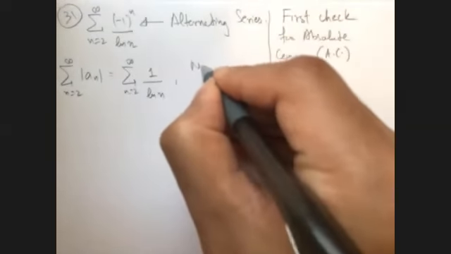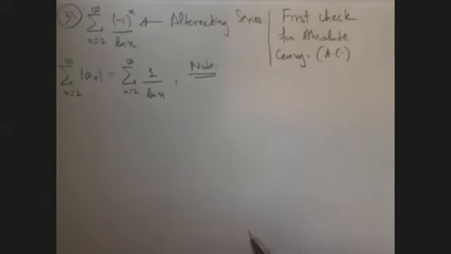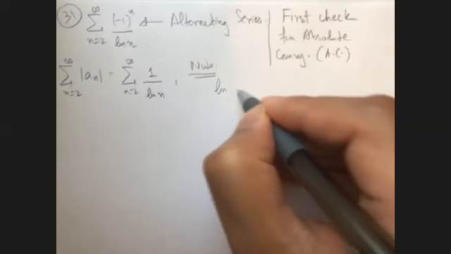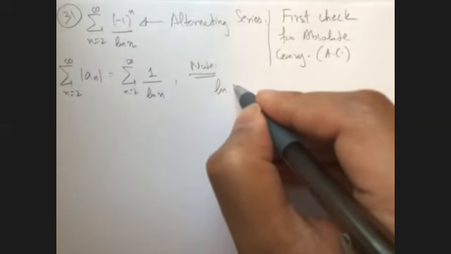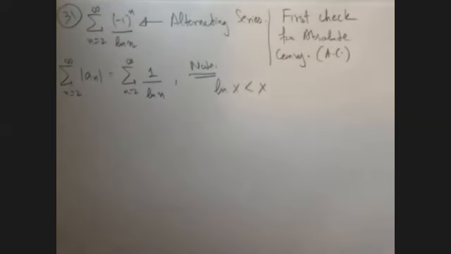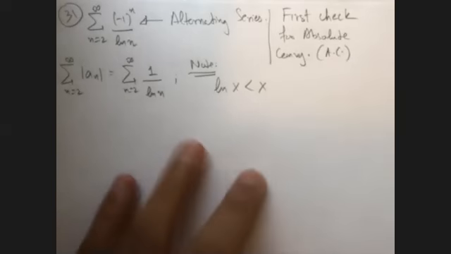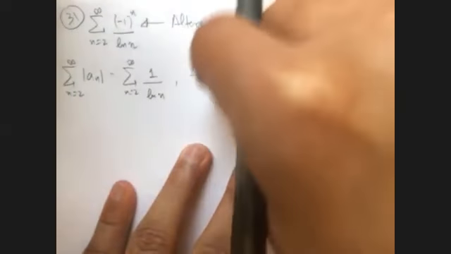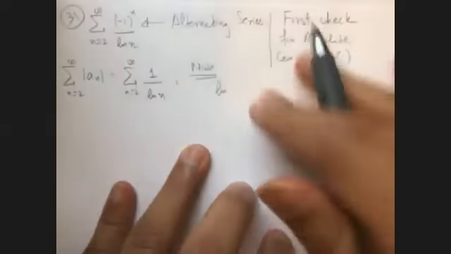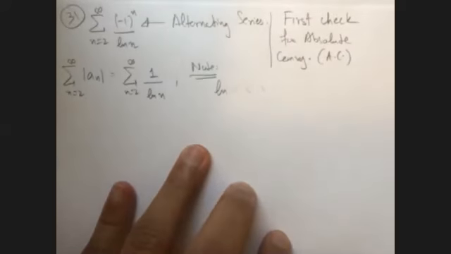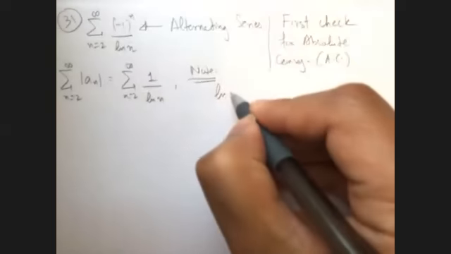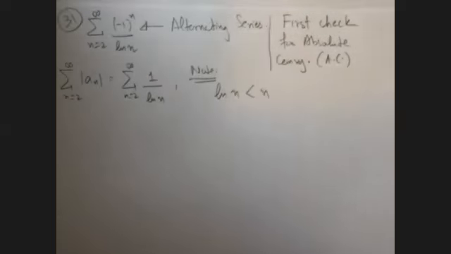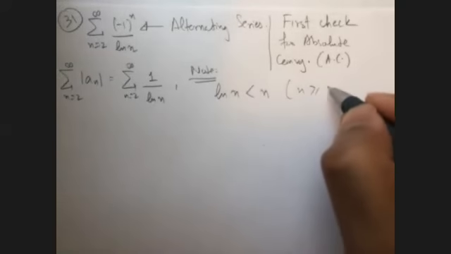Now, note ln x is less than x, or we can call it n if you want, where n is greater than or equal to 2.